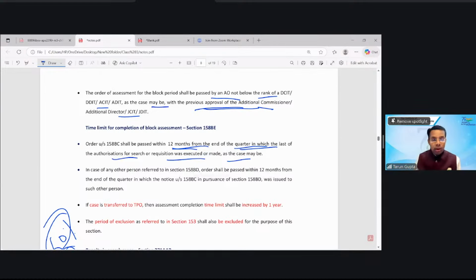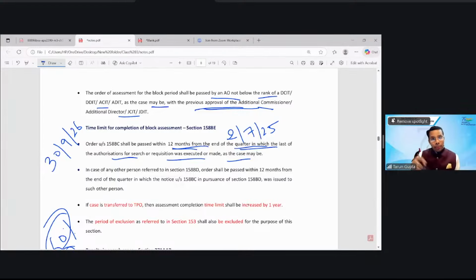So in our case, the last of the authorization was made on 2nd July 25. The quarter ends on 30th September, being July, August, September, and 12 months from 30th September 25 means 30th September 26. The AO has to pass the order of block assessment.